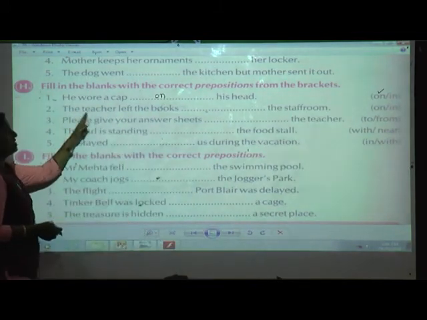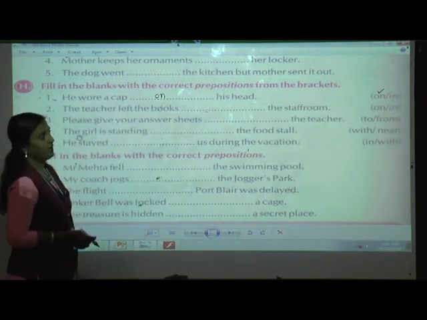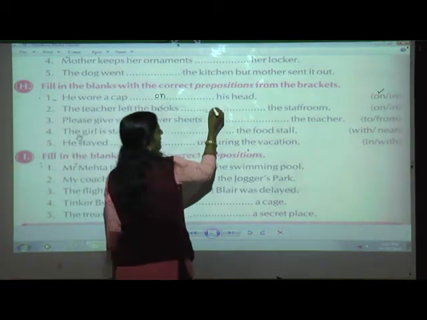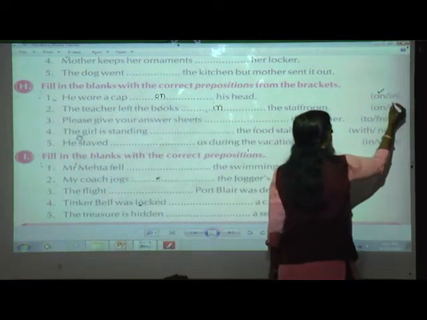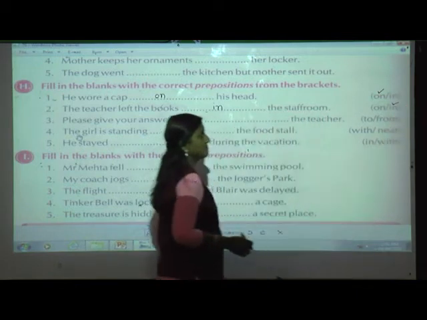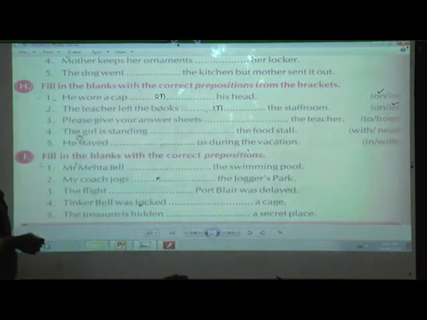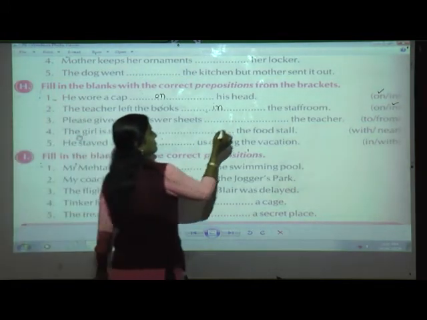Next, where did the teacher leave the books? Yes, in the staff room. Please give your answer sheets dash the teacher. To whom do we have to give? Yes, to the teacher.